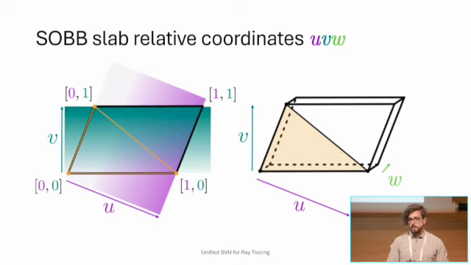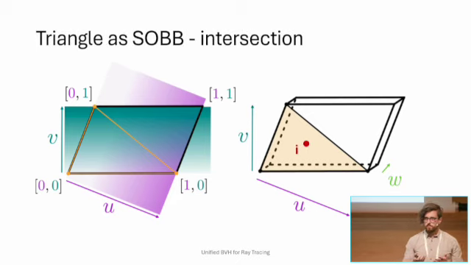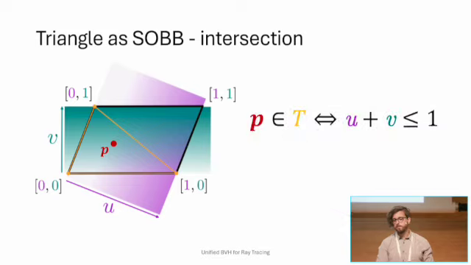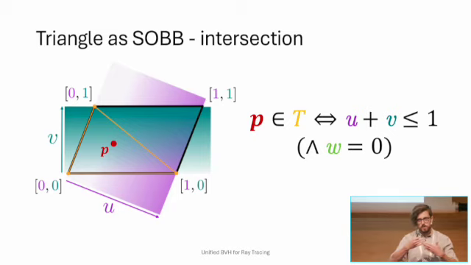So what we can do now is take an intersection point with the SOBB, computed in a way we showed in the previous paper, and project it to this new relative space. And the test is exceptionally simple then. And this also silently implies that the W coordinate for the front-to-back slab is 0, so we remain on the front face.